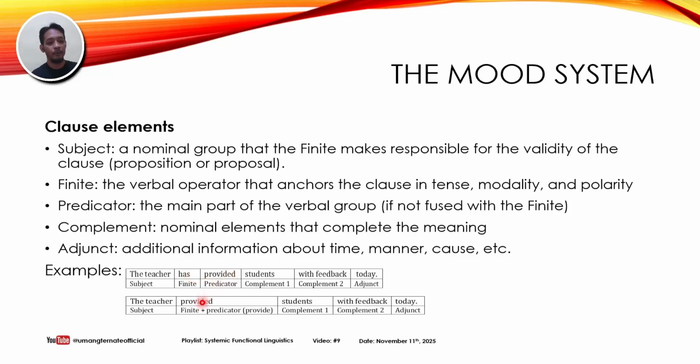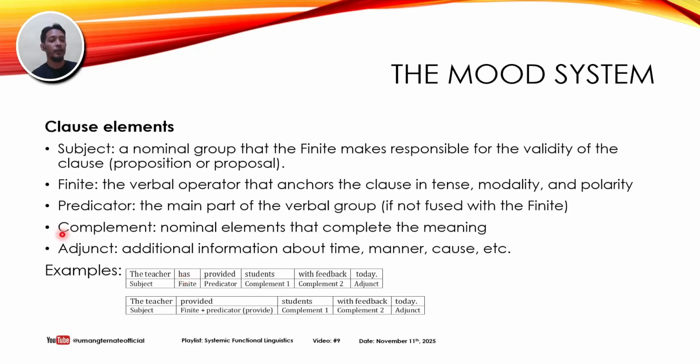But in this one, the finite and the predicator are fused together, provided the tense here is past tense, which is realized through the same word. Meanwhile, in this example, the element that anchors the tense is separate.